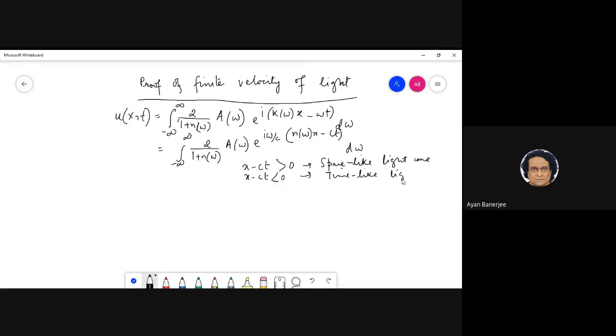By the way, this whole approach was beautifully done by Sommerfeld and Brillouin. Very interesting, right? They actually use this whole mechanism. There is a classic book by Brillouin.